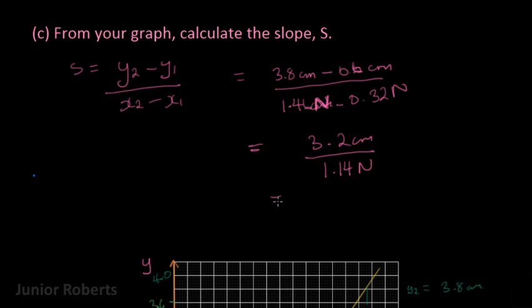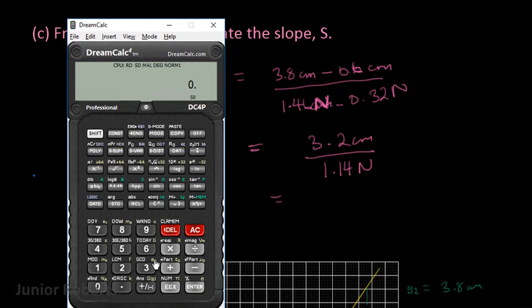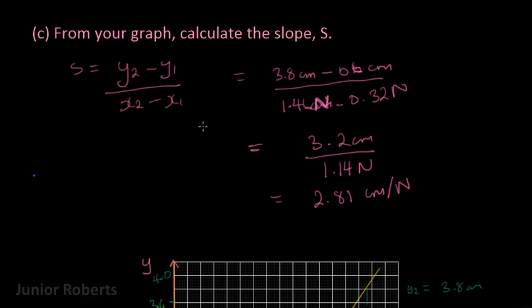If we take out our calculator and find the quotient, 3.2 divided by 1.14, that gives us an answer of 2.81 centimeters per newton. Right, and that would be our gradient, 2.81 centimeters per newton.